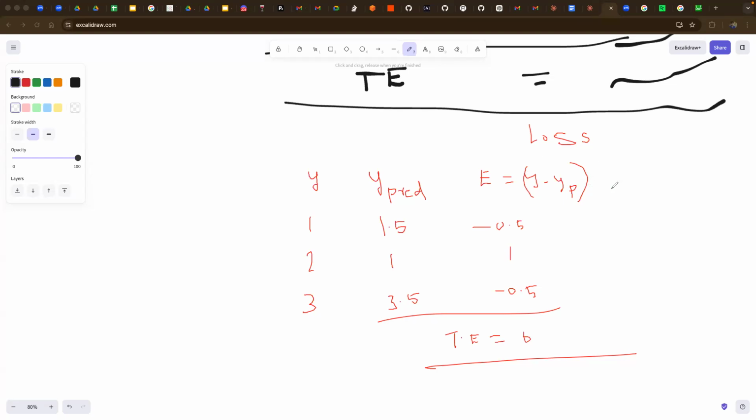This function, if you see, is not differentiable at one of the points. Why I am saying it looks something like this is, if you want, you can substitute it. YP, basically the prediction, is equal to MX plus C.